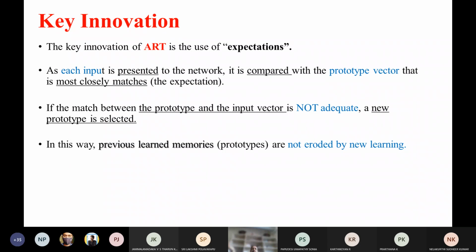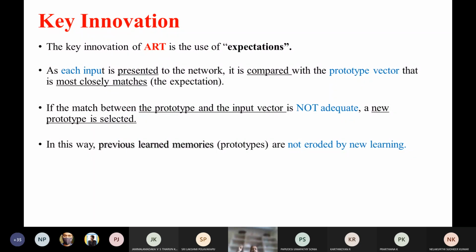If the match between the prototype and the input vector is not adequate, then a new prototype is selected. If it is not matching any of these clusters, groups or modules, a new prototype will be created.